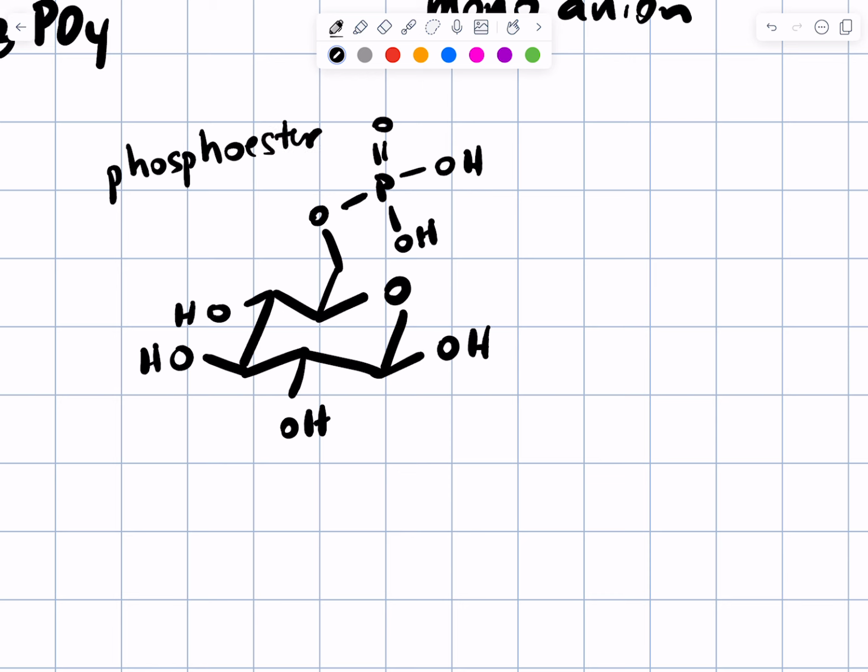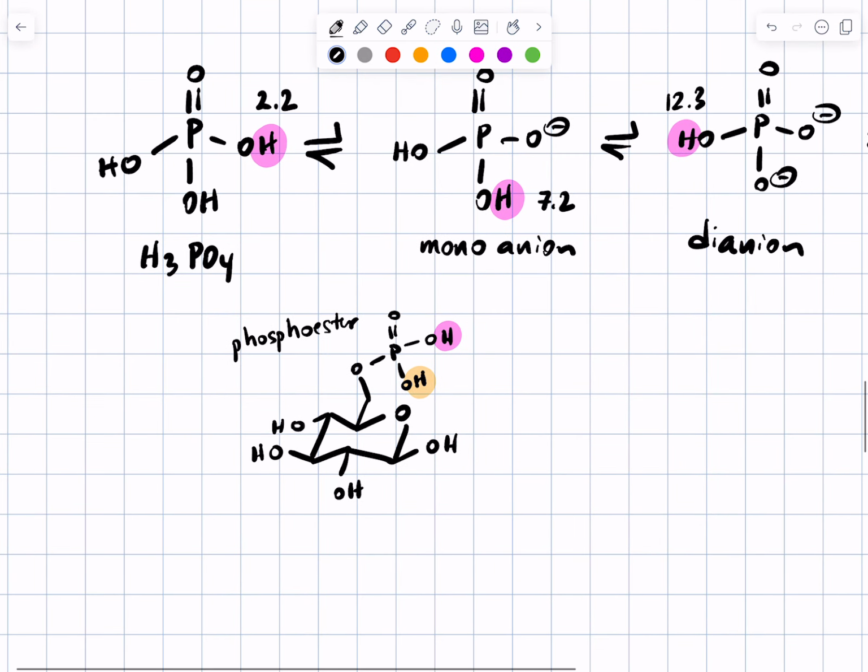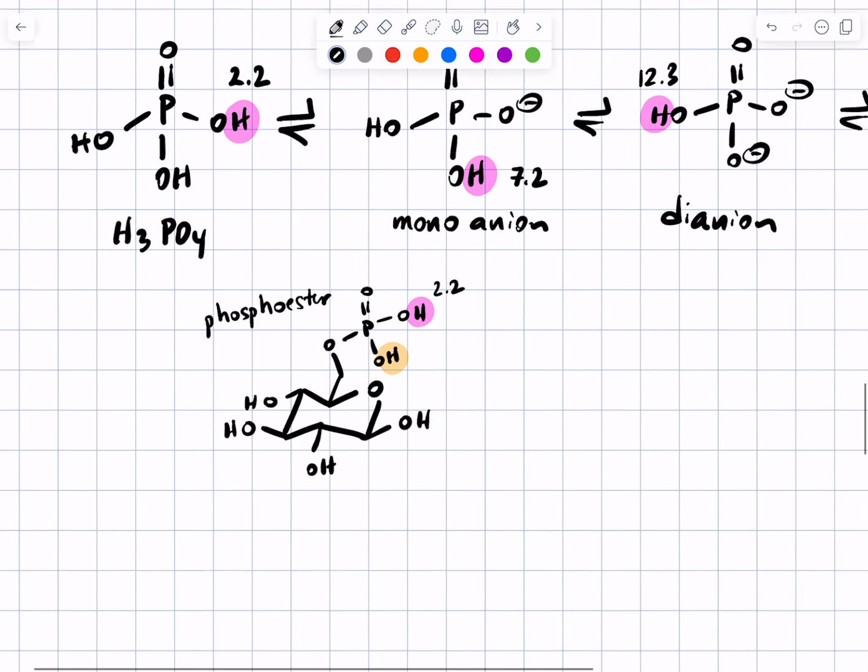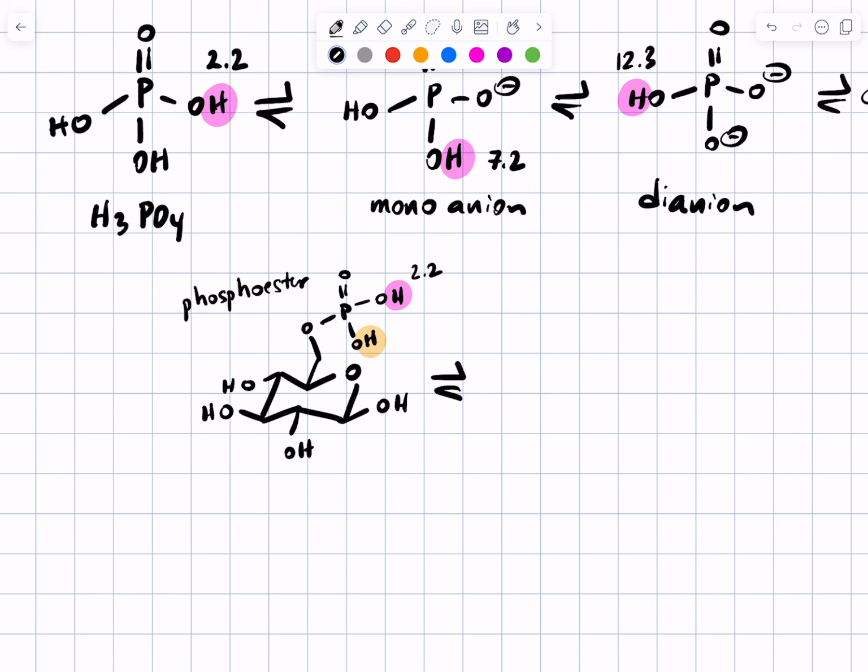It is similar in stability to a regular ester, and it's got 2 acidic protons. The first one should have a pKa that is similar to the first pKa of phosphoric acid, because that first proton would involve going from a neutral species to the monoanion. Okay?